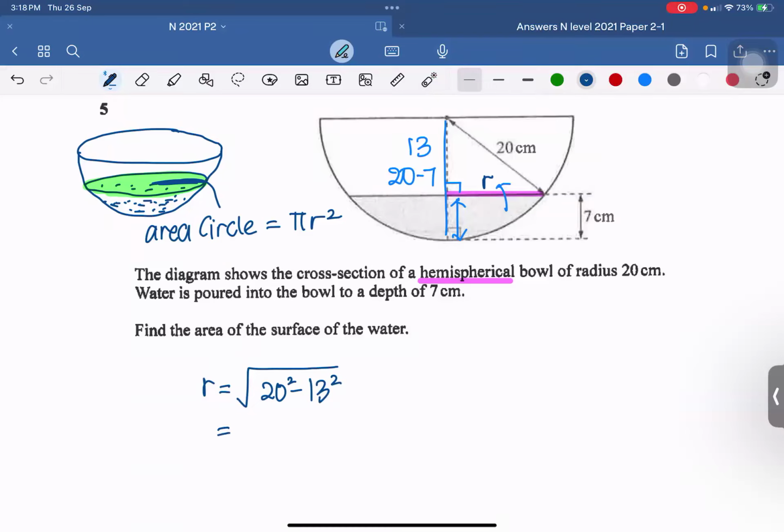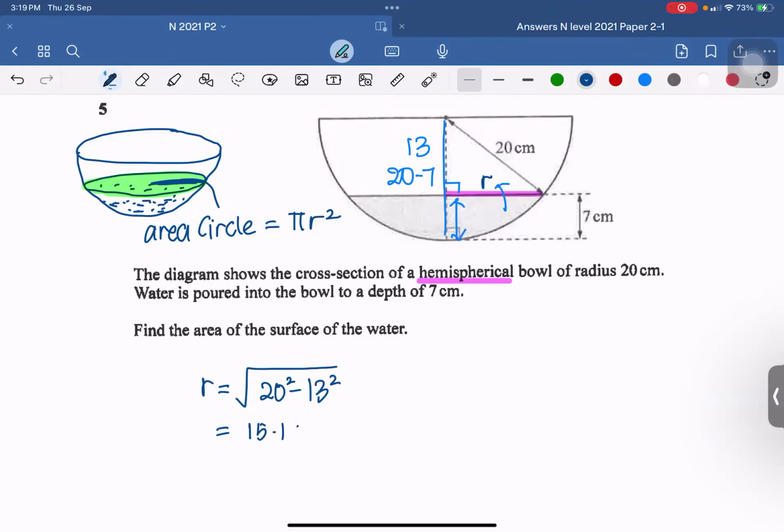What is the number? What's the answer y'all get? 15.19. Okay, I got something similar along the way.